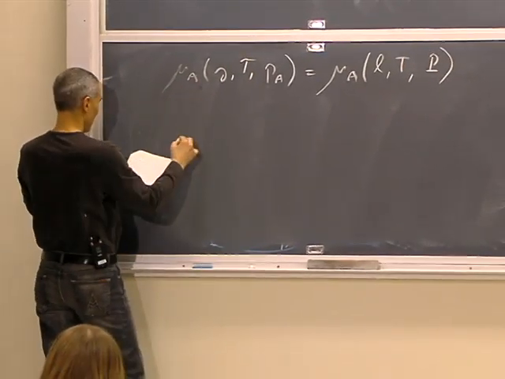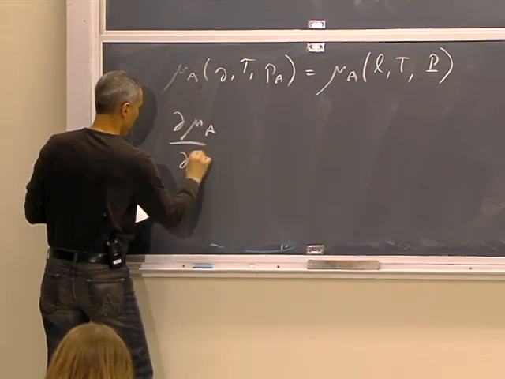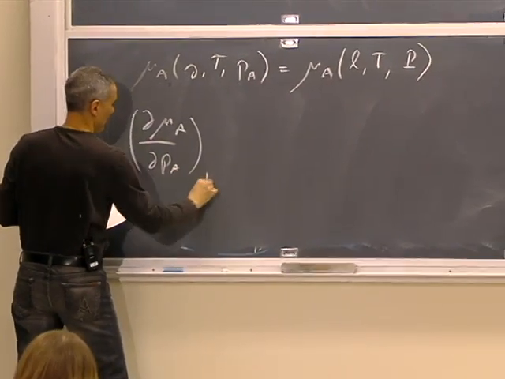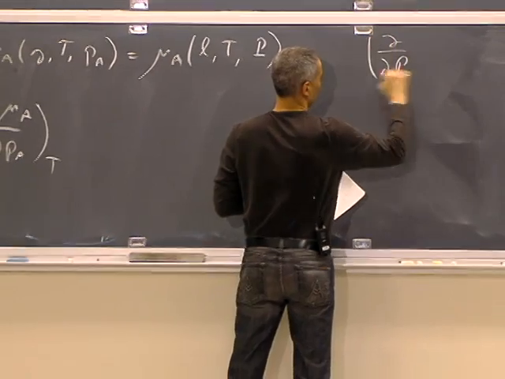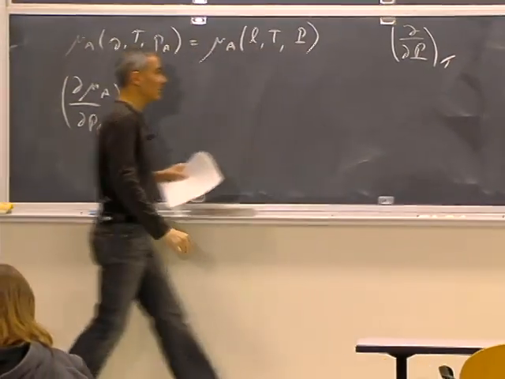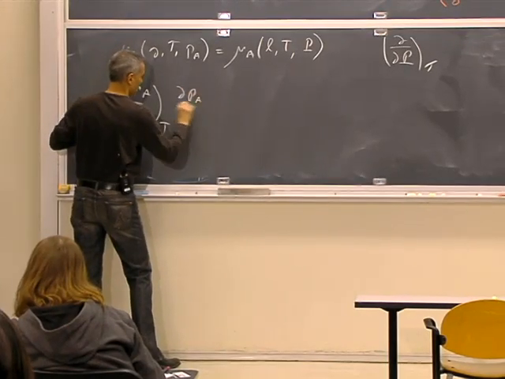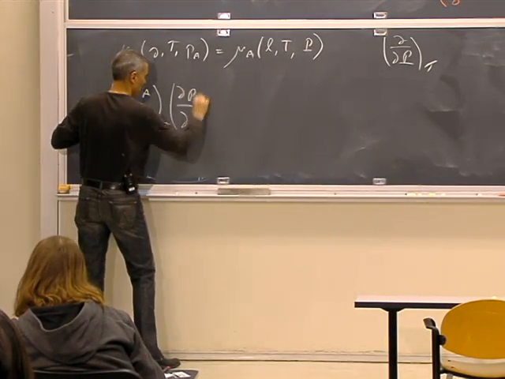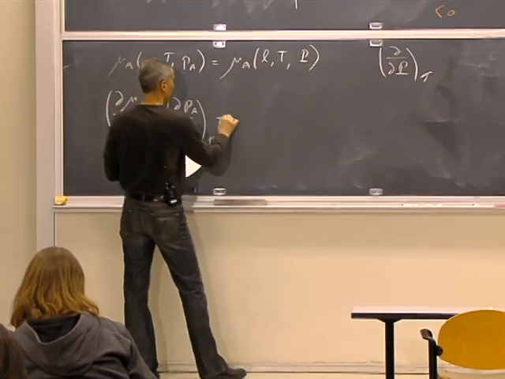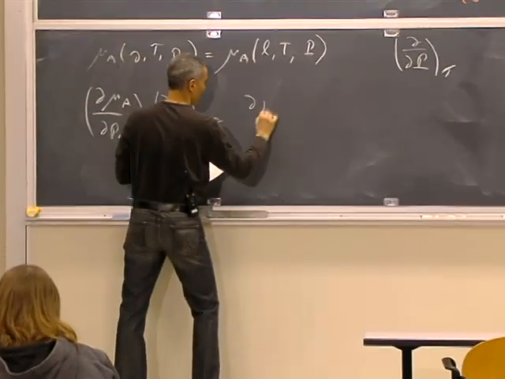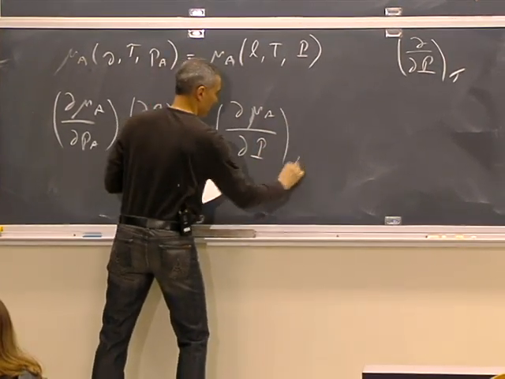So on this side here, we have d mu A/dPA. So I'm taking d/dP of both sides, right? d mu A/dPA, and then by chain rule dPA/dP, at constant temperature, and then on the right-hand side I have d mu A/dP, at constant temperature.